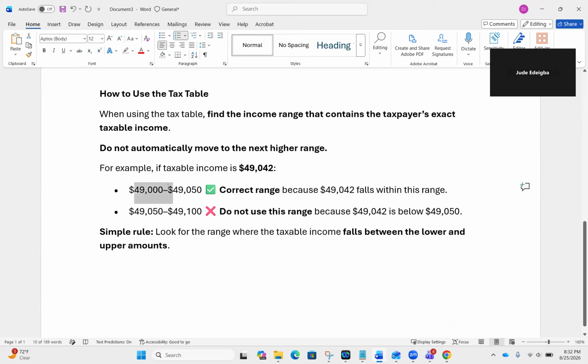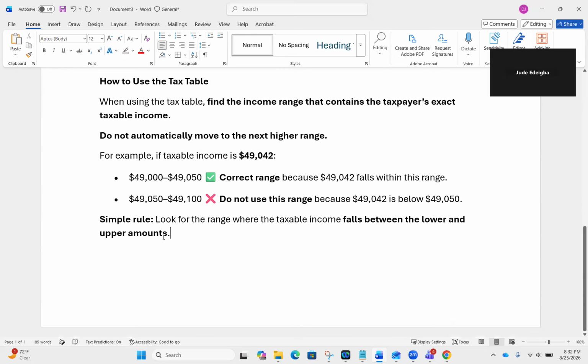We'll rather start from the lower limit. So the basic rule in terms of using the tax table is to look for the range where the taxable income falls between the lower and then the upper amounts. If you watch this video and you still have difficulties to understand how to use the tax table, walk down to my office. I will be able to assist you.